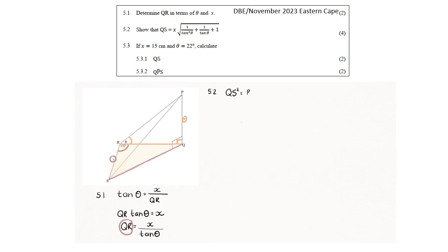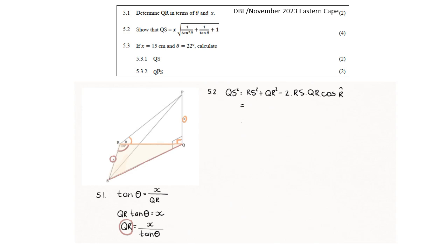We can then write that QS squared is equal to RS squared plus QR squared minus 2 times RS times QR times cos of angle R. And now we put the values into the equation.